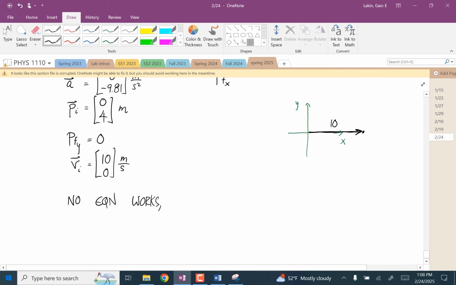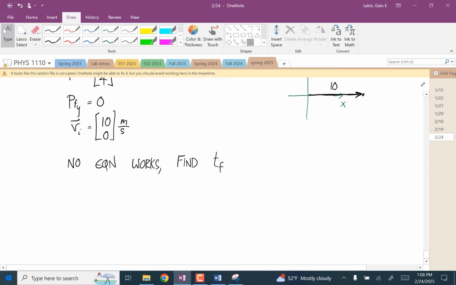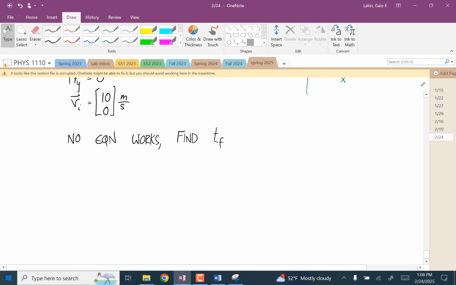And so instead, we want to see if we can solve for time final. You could go through equation by equation and try to find this. 4 of those 6 equations have time final in them, so you could check all 4 of those.